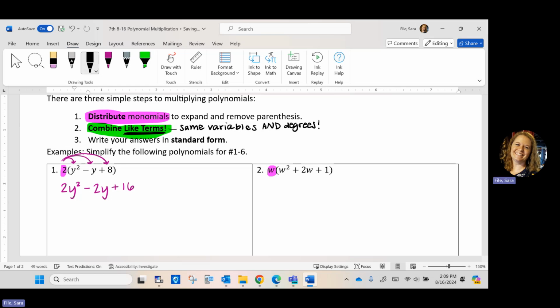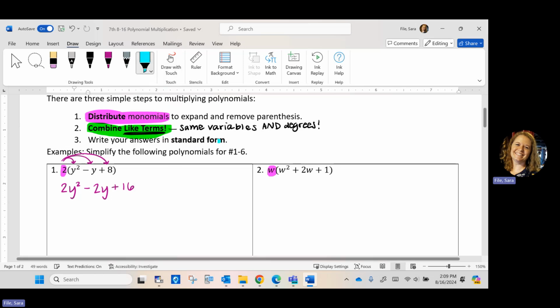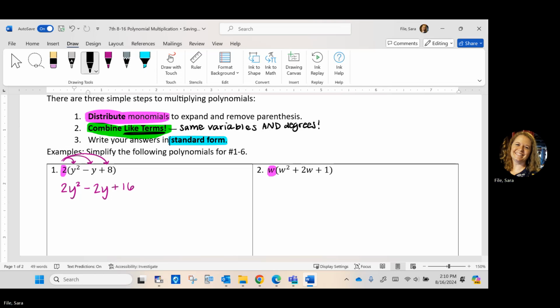Okay, so no combining like terms. We've jumped down to the next step. Now it says write your answer in standard form. I think we talked about this yesterday. What is standard form? Okay, it's simplified as much as it can be, yes, but there's a certain order all of the terms of our polynomial have to be in.